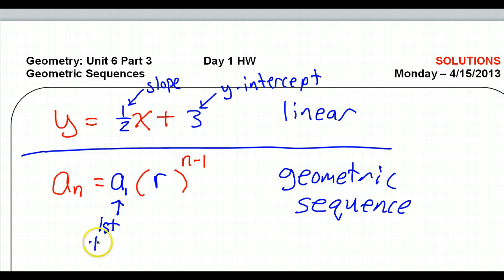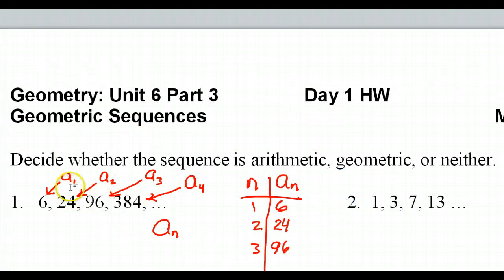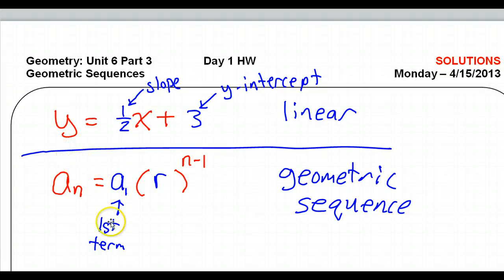If you were paying attention, you probably said A1 represents the first term in the sequence. In this case, it would be 6. So that's one of the two things I need to write the equation of a geometric sequence. I need the first term.